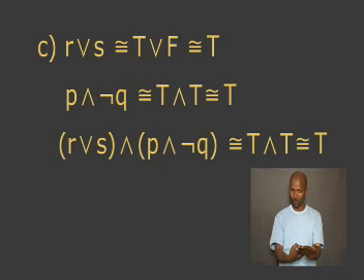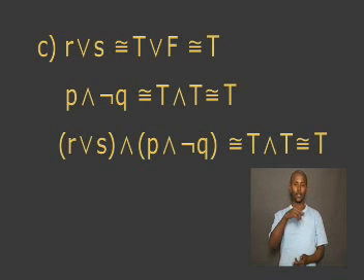Therefore, R or S and P and not Q is equivalent to true and true, which is equivalent to true. Do you understand, students? It is all a matter of what statements we hold to be true or false and how they interact with each other.